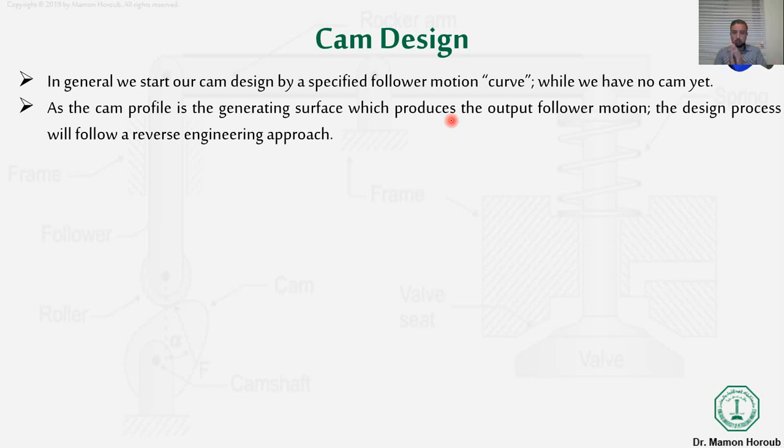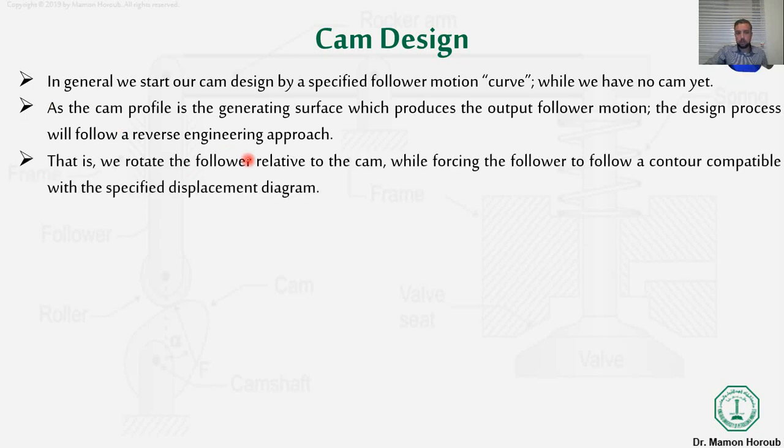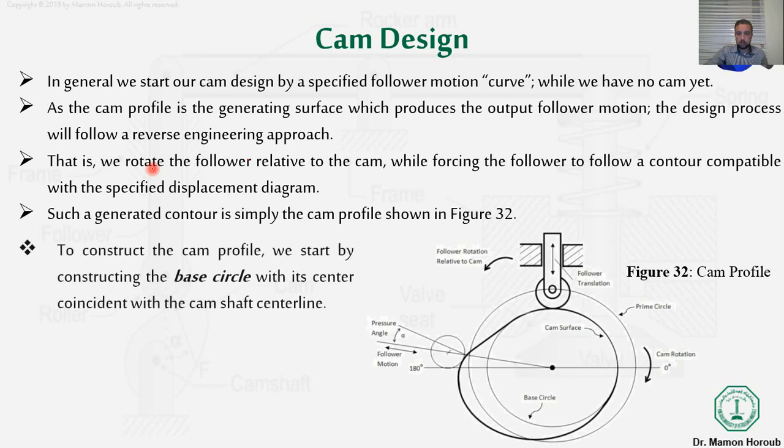Then based on the movement of the follower, we will draw our CAM profile, and then we will have our CAM that will generate a force that will let the follower move based on the diagram that we put in the beginning. So we rotate the follower relative to the CAM, while forcing the follower to follow a contour compatible with the specified displacement diagram.